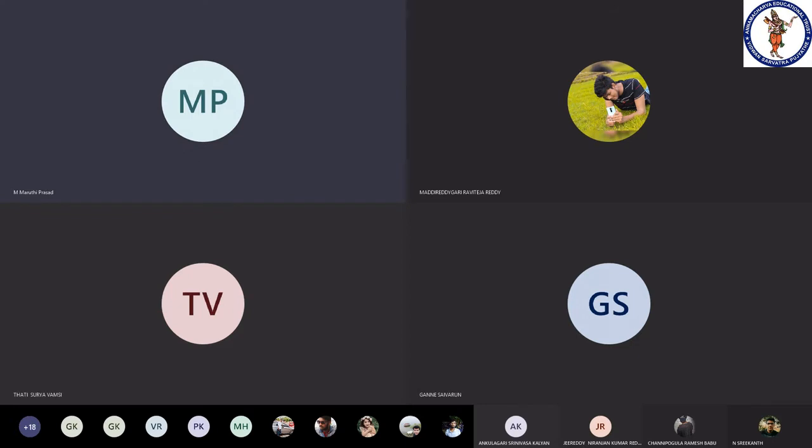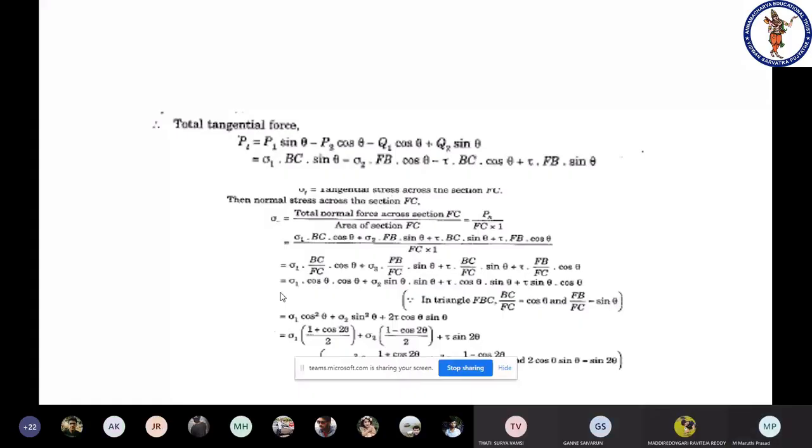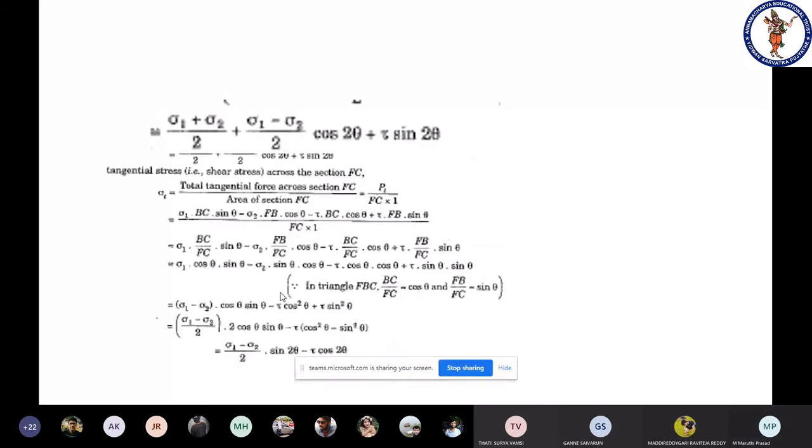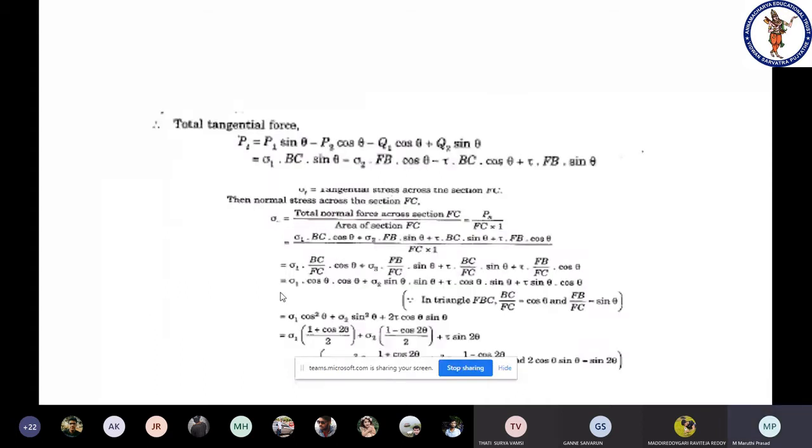Here it is clearly visible. Yeah, we have calculated what will be the normal stress.